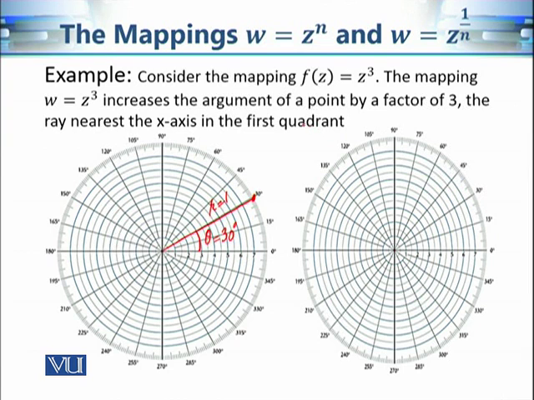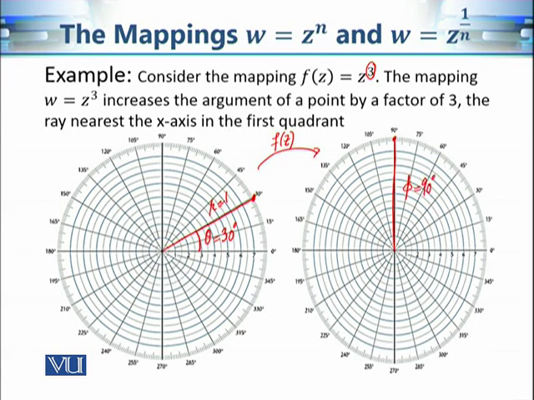Now, if we apply this map f of z, which in this case is z cube, then what will happen with this argument? We will multiply it by n. So, n in this case is 3, so this will be multiplied by 3. So, the image of this complex number will have phi equal to 90 degrees.